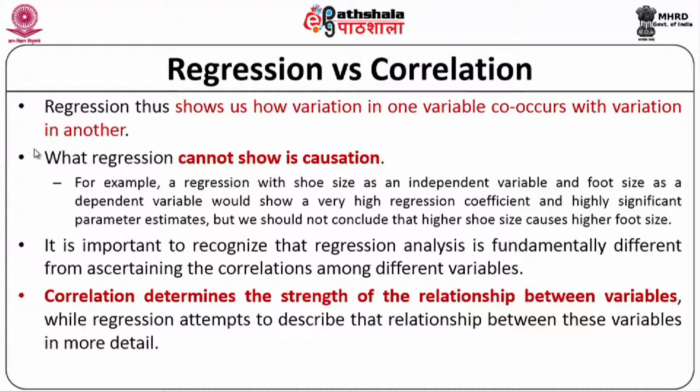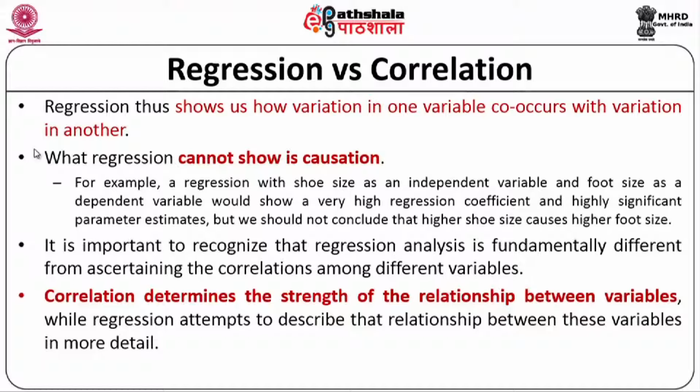Now, we may have lots of shoe sizes and lots of foot sizes. The shoe size can be treated as an independent variable and the foot size as a dependent variable. When we try to determine the linear relationship between these two variables, we may find a very high regression coefficient and highly significant parameter estimates, but with this we cannot conclude that the foot size is determined by the shoe size.